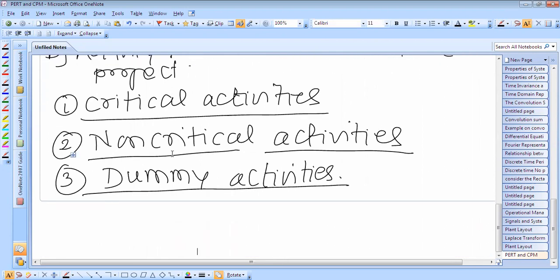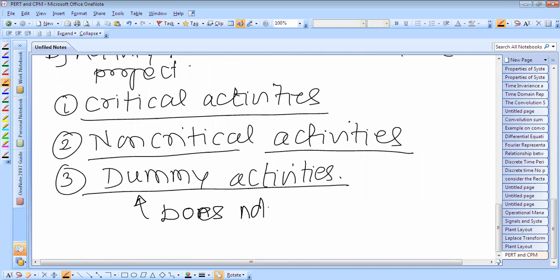It is known as the dummy activity, and dummy activity does not consume any time, whereas critical activities also consume time, non-critical also consume time.